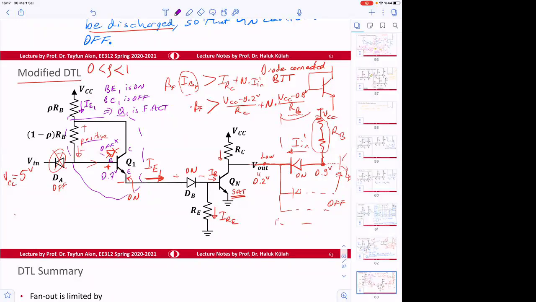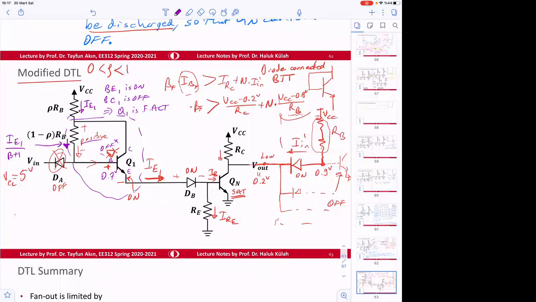So what about this current here? That's the base current. The transistor is forward active, so that current is equal to IE1 divided by beta plus 1.